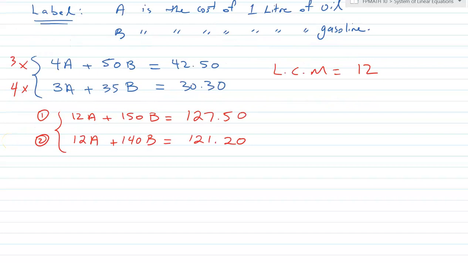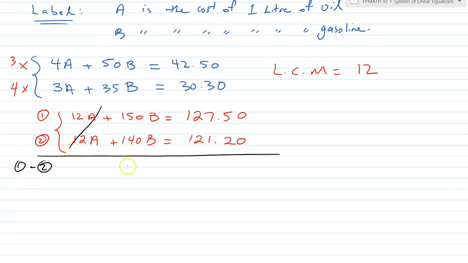All right, so that's what you will get. Very good. And then in this case, you have to subtract. Equation 2 taken away from equation 1, that's 0. Then you get 10B equals, in this case subtraction, $6.30, I believe.